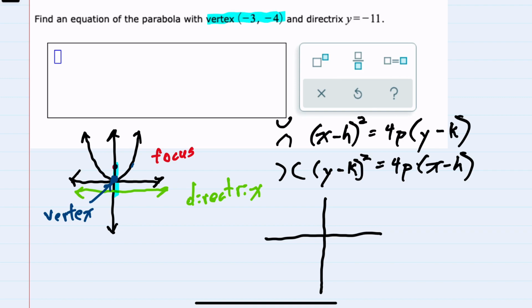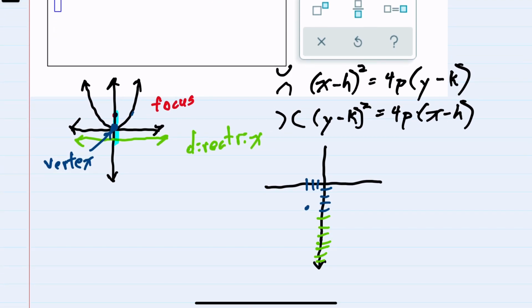So with this in mind, we can look here at this example, and I'll start by just sketching out the vertex, which is at -3, -4. And then our directrix is the line y equals -11. Y equals -11 is horizontal, and we would need to go down to y equals -11. This is our directrix.